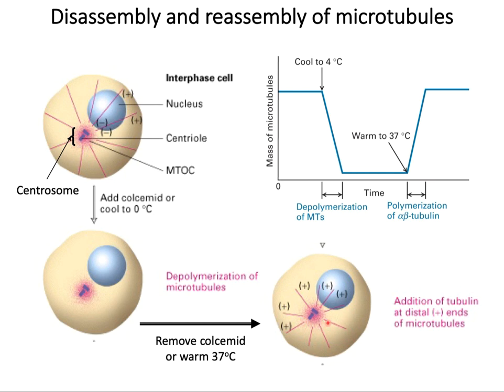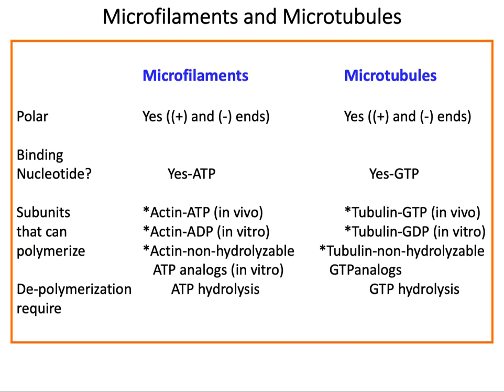Since we know that growth is happening at the plus end and it grows from the microtubule organizing center out, you can conclude that the minus end must be associated with the microtubule organizing center and the plus end must be farthest away. So this is an experiment that shows that the minus ends are associated with the microtubule organizing center.